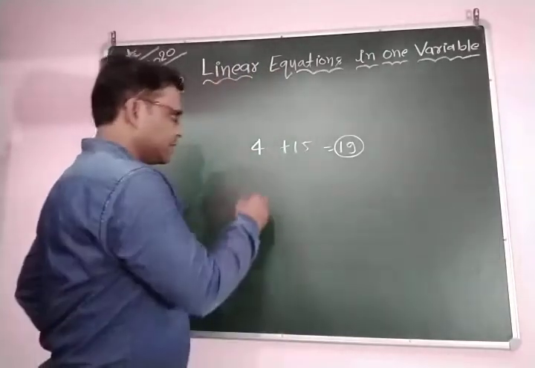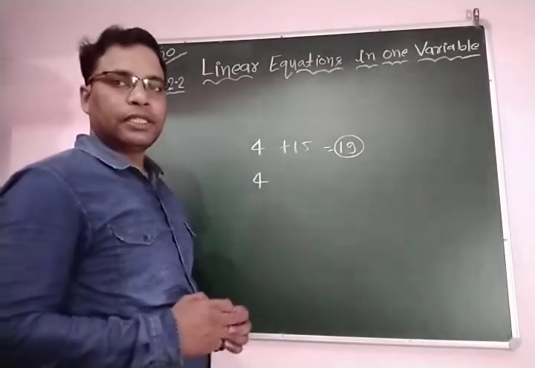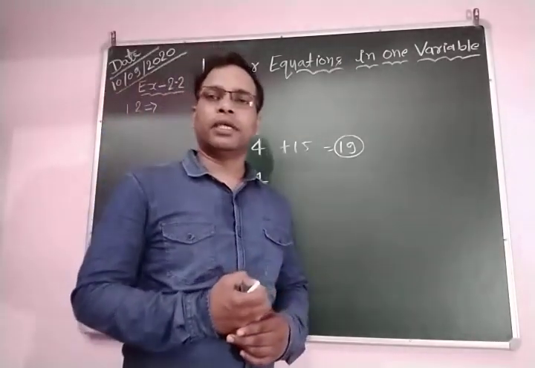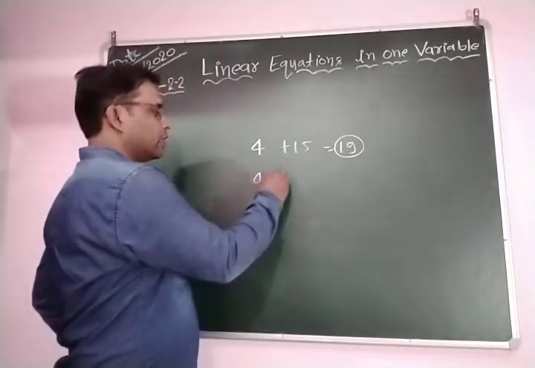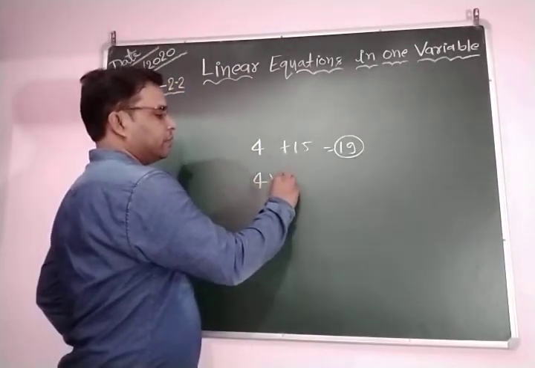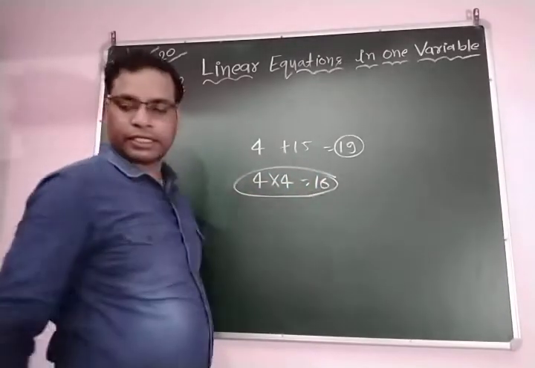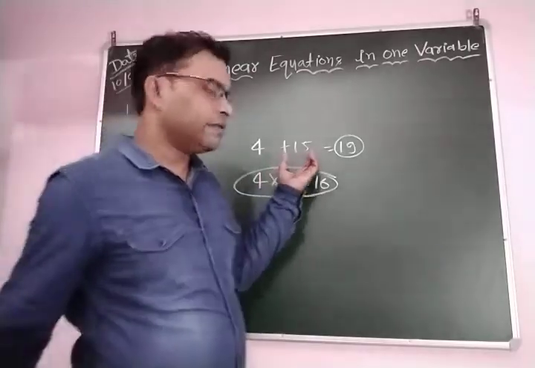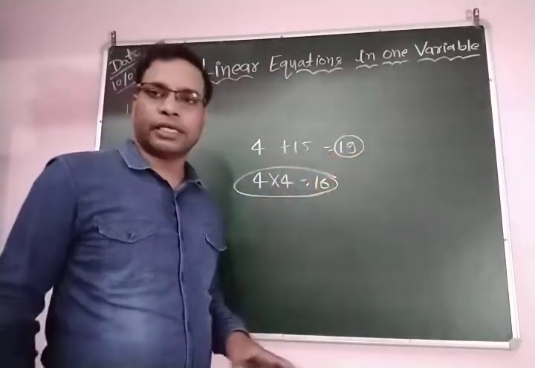So if Ravi's present age is 4 years, then after 15 years it should become 4 times this age, 4 into 4, which is 16. This is a contradiction, because 19 and 16 are not equal.